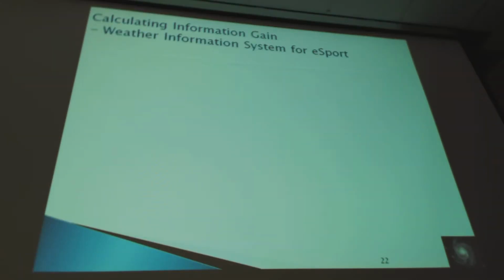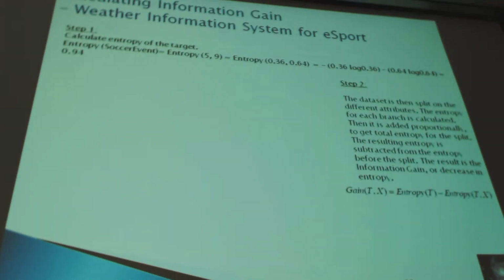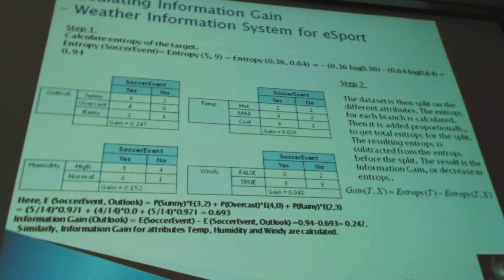So how do we now calculate the information gain? Here we calculated the entropy, as I mentioned, 0.94. Now in step 2, I have to decide which attribute to pick to be the root of the tree, where I will start the split. So I have to calculate the entropies and the information gain for all the attributes: outlook, temperature, humidity, and windy.